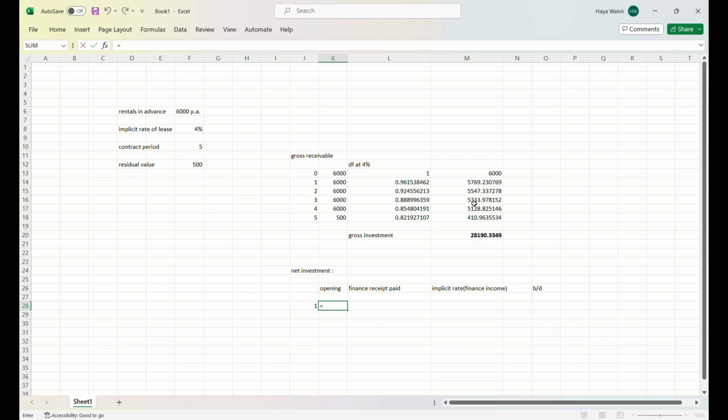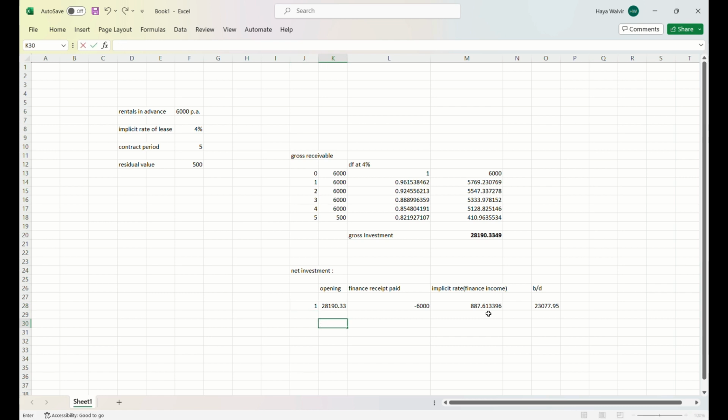Year 1: opening is equal to this, finance receipt paid is equal to minus 6,000, then the implicit rate of finance income, 4% of these two things, add this plus this, 4% of that, and the sum of all of this will give me the balance brought down. Then I will bring down this balance to the next year.